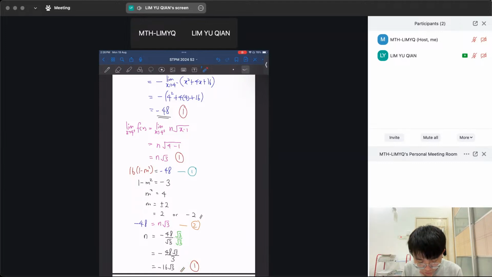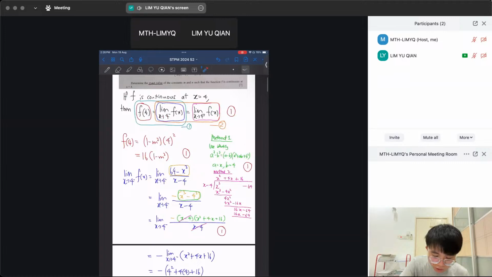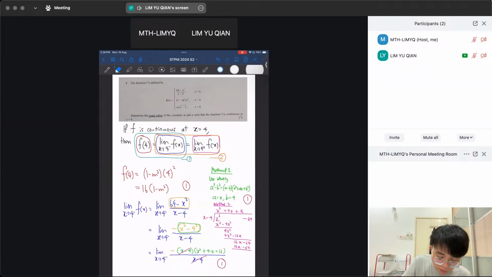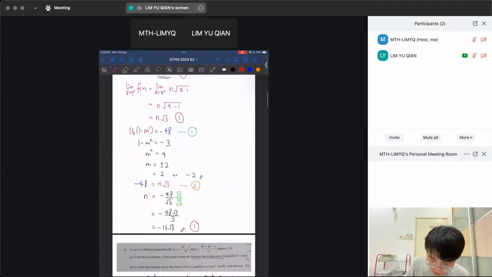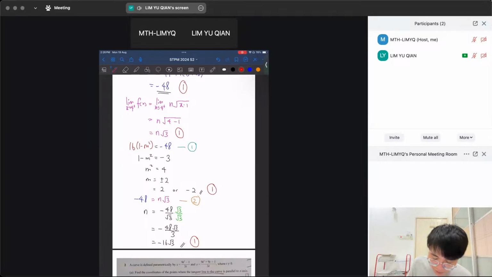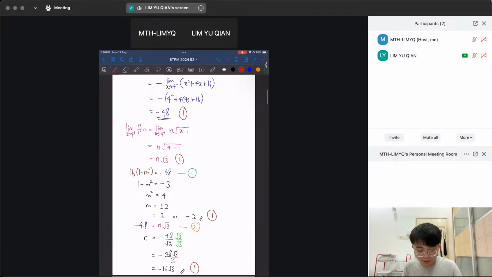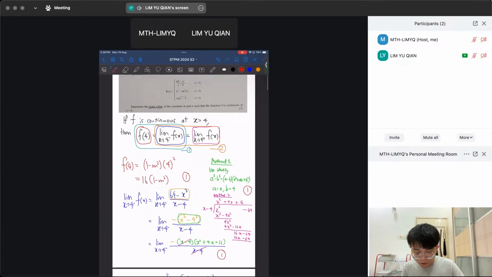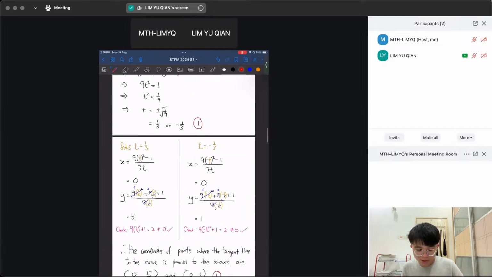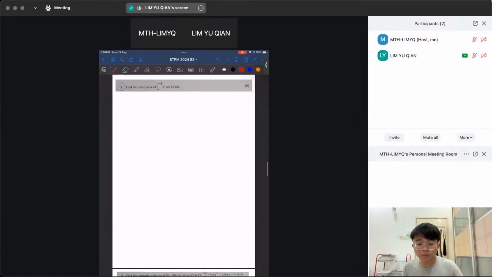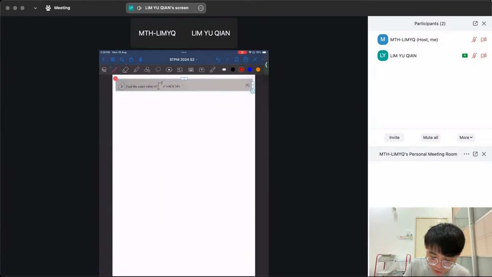Solving for n is also not really bad. I just put down one value m and one value n, which is more normal. So that's all the mark allocation. Okay, let's proceed to question 3. Question 3 is a bit more difficult.